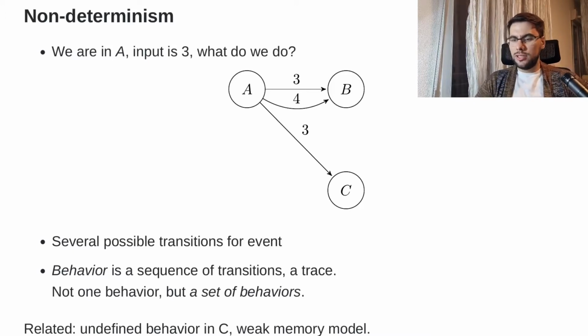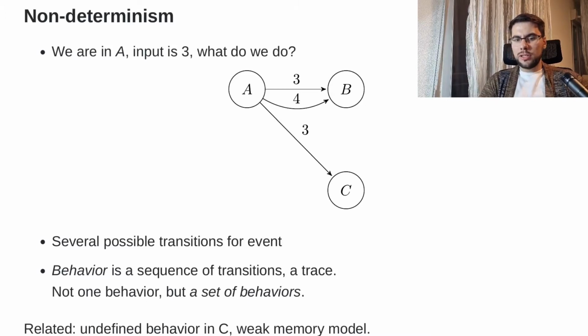Let's see what this is really about. And we start with non-determinism. We know that once a finite state machine observes an event from its current state, it picks a transition annotated with the right event and jumps to another state.